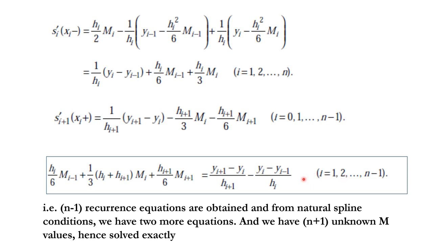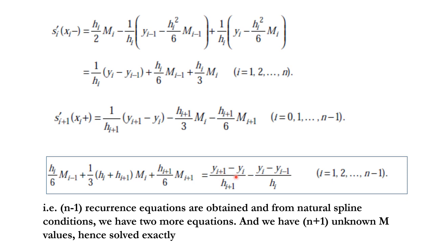where i can be 1 to n minus 1, because if we set i equal to 0, this becomes y minus 1. That is not defined, not given. If we set i equal to n, it becomes yn plus 1.